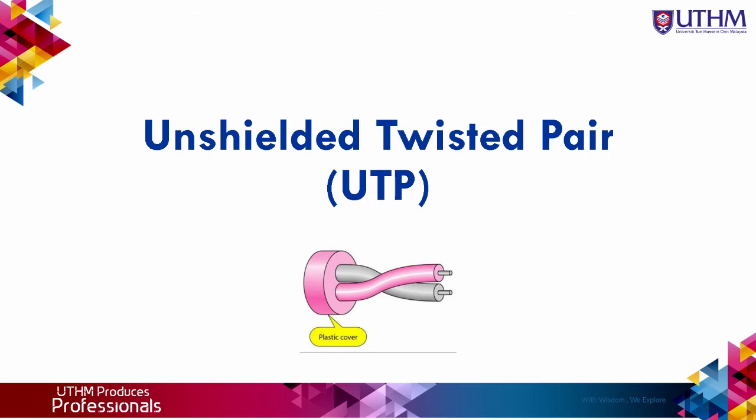The UTP consists of two copper conductors, each having its own insulating material, for example plastic, and intertwined with each other to cancel induced current. The reason for placing twists in the pair of wires is to minimize the vulnerability of the cable to external electrical noise. Its frequency range is suitable for data transmission as well as voice transmission.